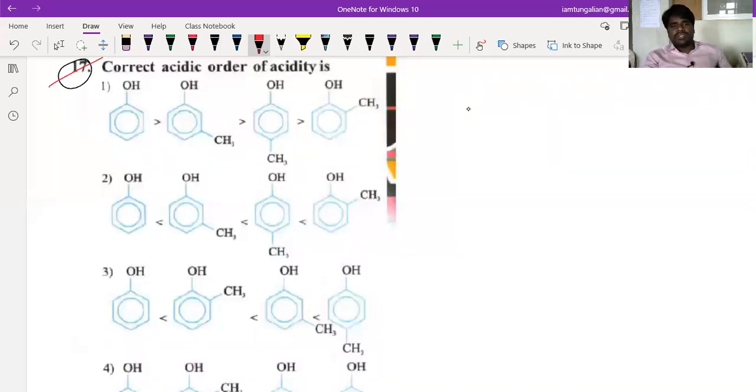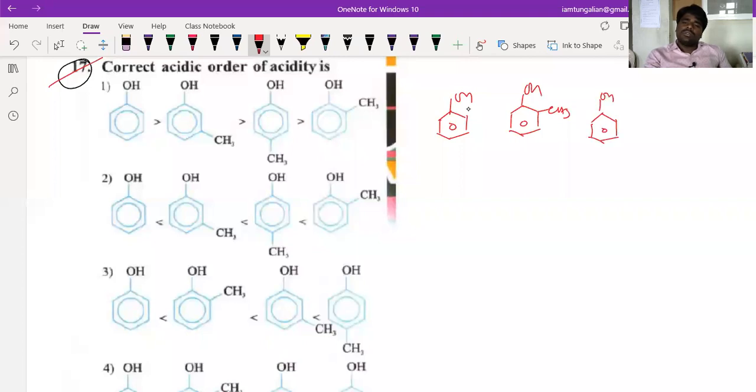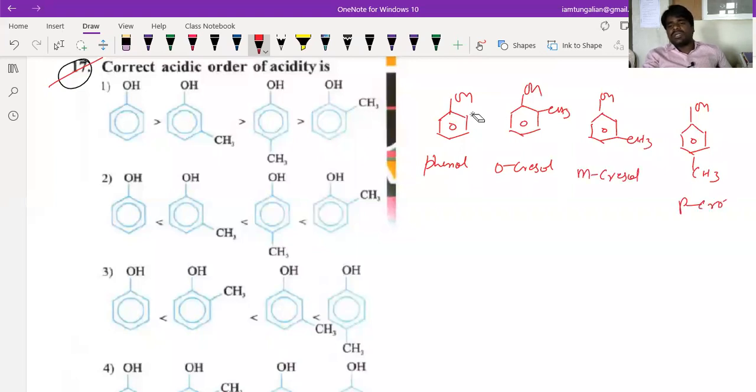Here the given options are phenol, this is orthocresol, this is metacresol, this is paracresol. Phenol, followed by orthocresol, followed by metacresol, followed by paracresol. We have already solved this in the class.